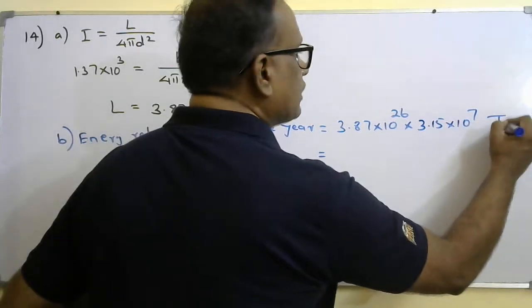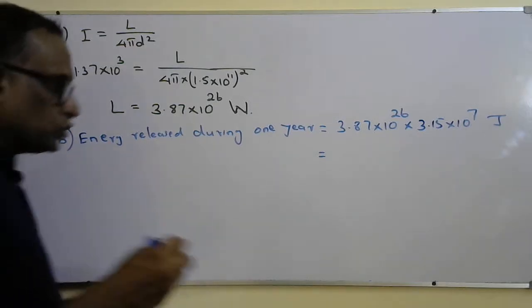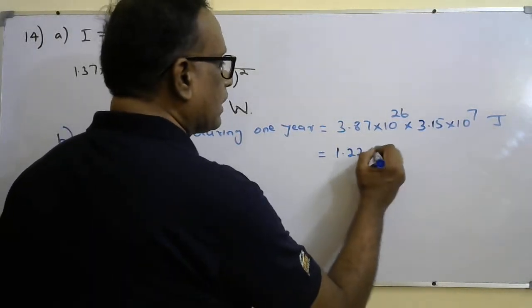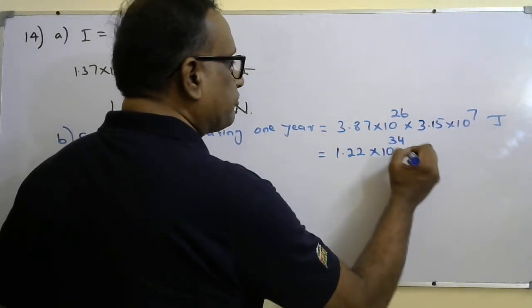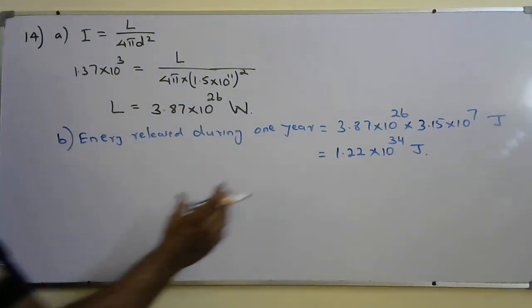So multiply by 3.15 times 10 to the power 7 seconds. That's the energy released during 1 year, which is going to be 1.22 times 10 to the power 34 joules. So this is the total energy released.